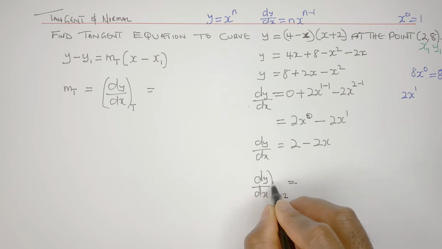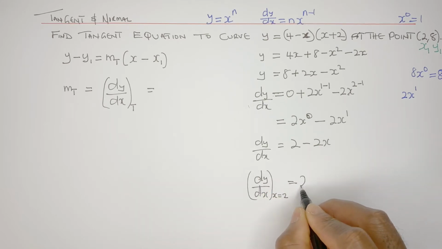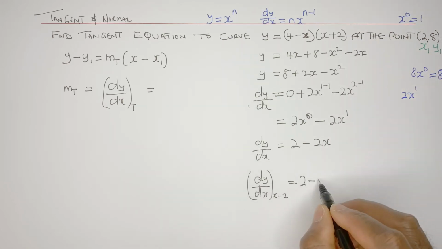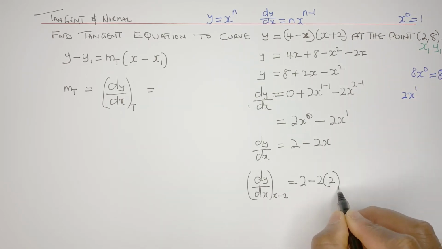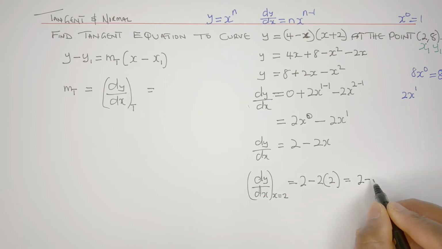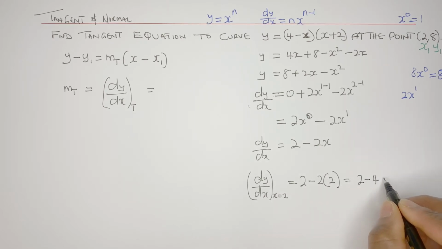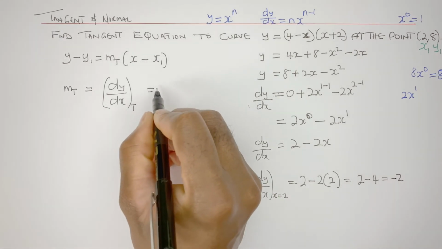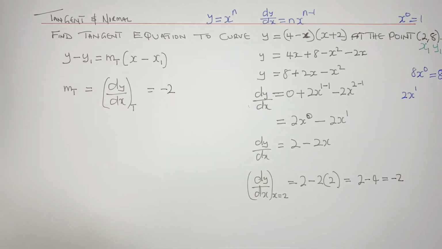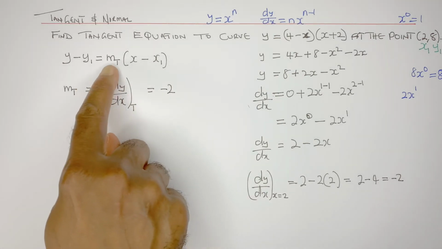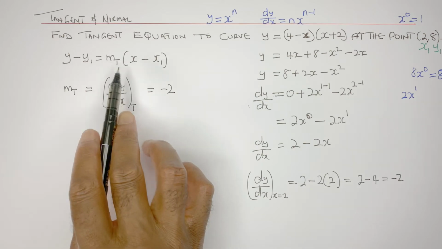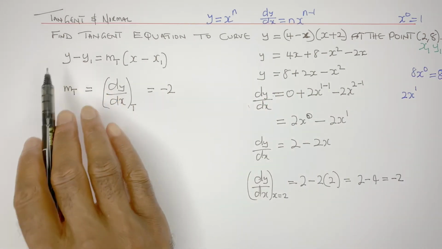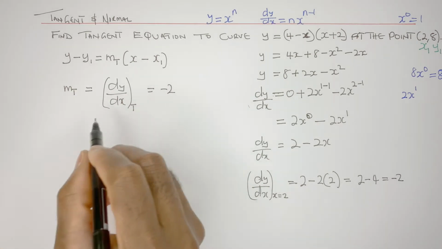And that would be 2 minus 2 times 2, which is 2 minus 4, and therefore the gradient is minus 2. So mt is minus 2. Now we can plug minus 2 into there, and then we can plug x1 into there, and y1 into there. And that's how we find the equation of the tangent.